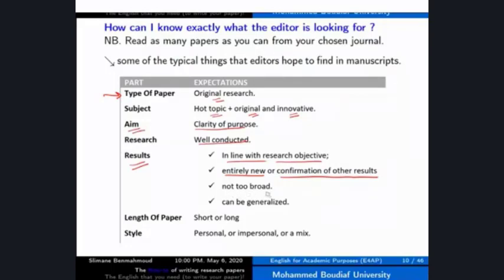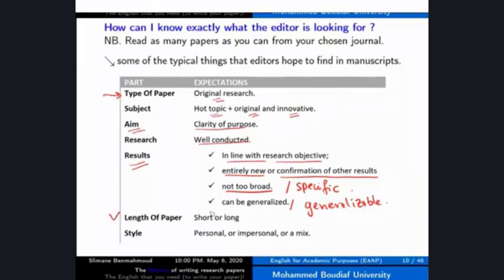Your results should not be too broad. They should be specific. Sometimes your results should also be generalizable. It means they can be generalized.